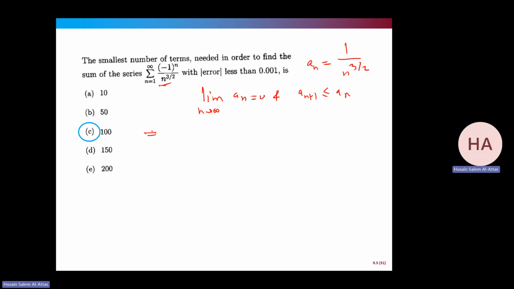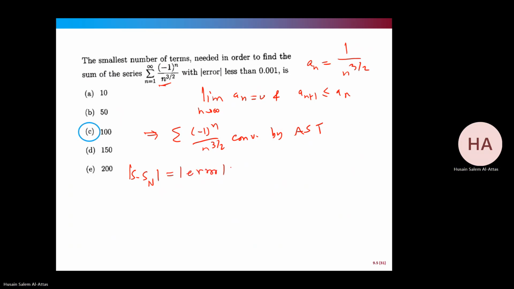So this series converges by the alternating series test. So you know that S minus Sn, which is the error, should be less than an plus 1. And I want it to be less than 0.001, which is 1 over 1000.